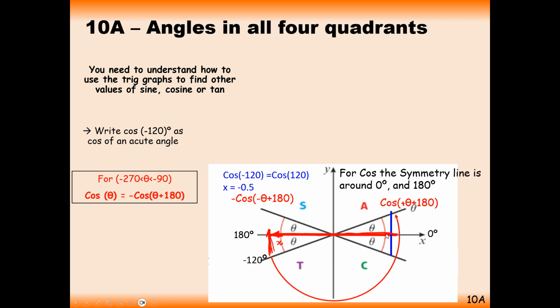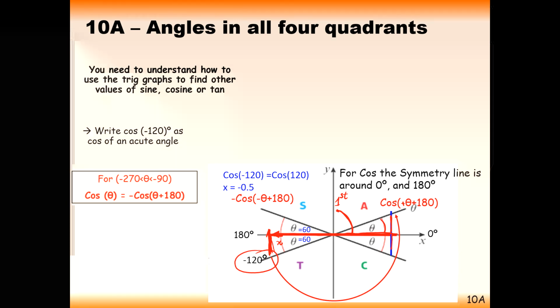This is what we're calculating: its equivalent triangle in this first quadrant, because they told us acute angle. An acute angle has to be in this first quadrant. We have to somehow find the equivalent of this angle, negative 120 degrees, in the first quadrant.